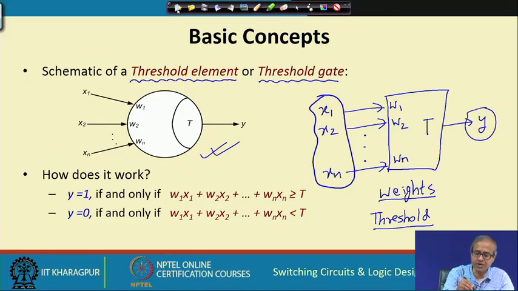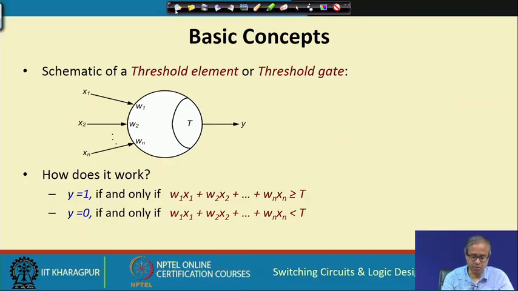Now, how do the weights and threshold play a role? You see this threshold element or threshold gate, the way it works, the inputs x1 to xn are binary inputs, means they can be 0 or 1.